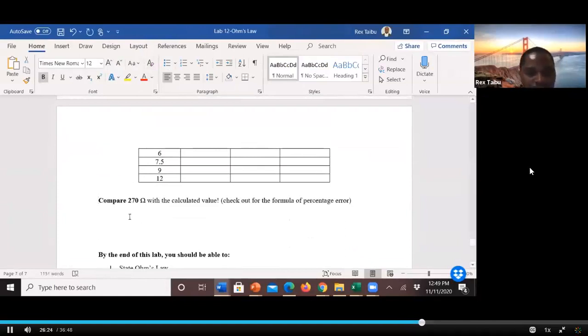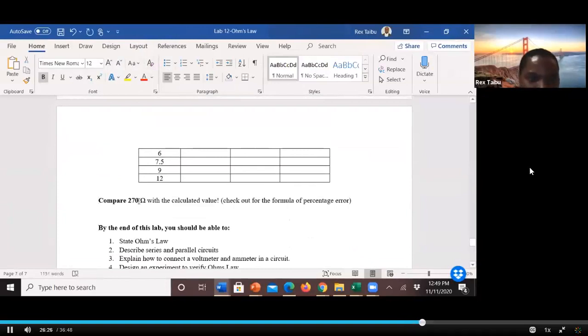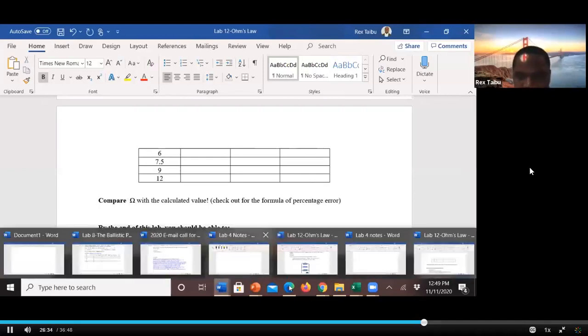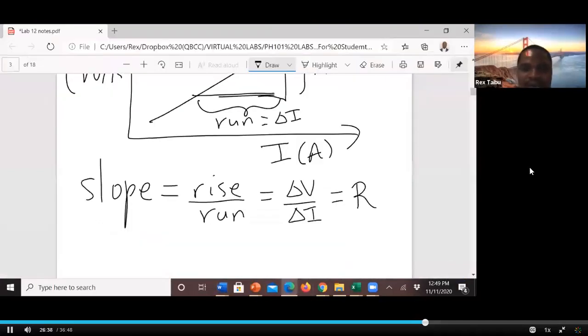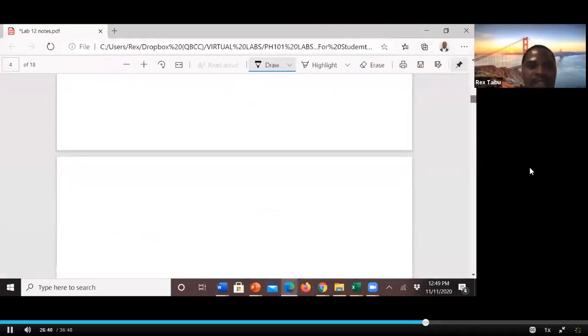All right, here. Now you are not going to use 270 because theory tells us that when resistors are connected in parallel, the formula is different. When they were in series, we just added them up.